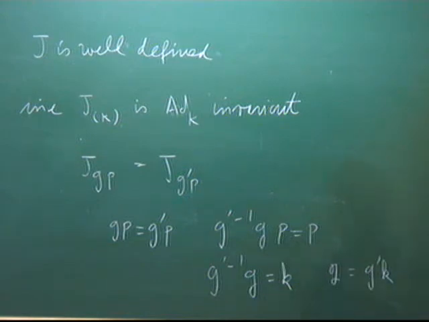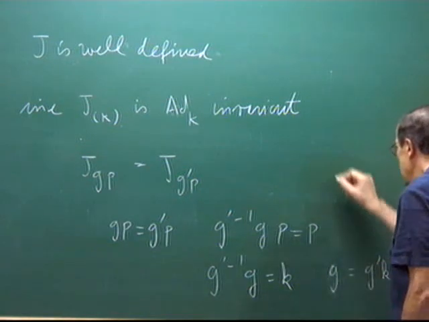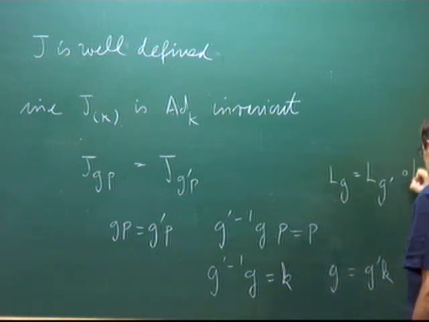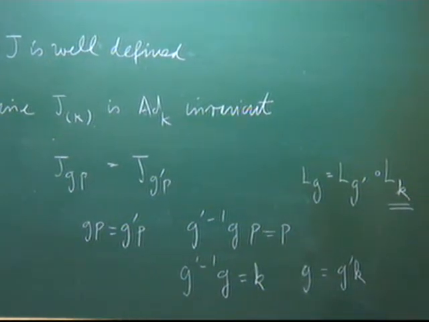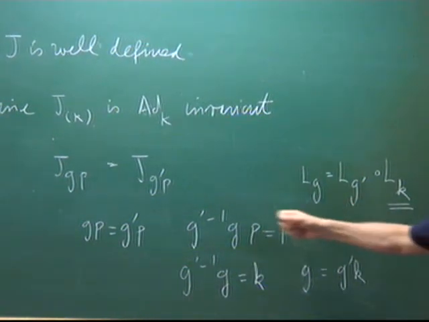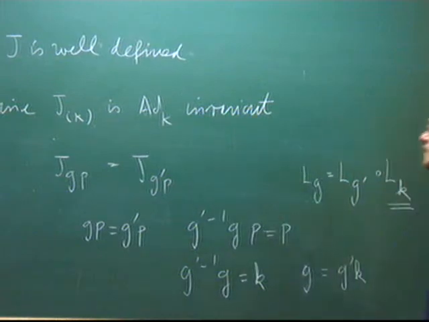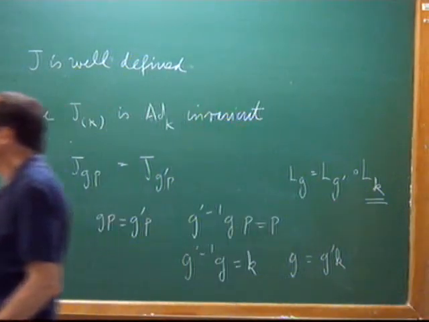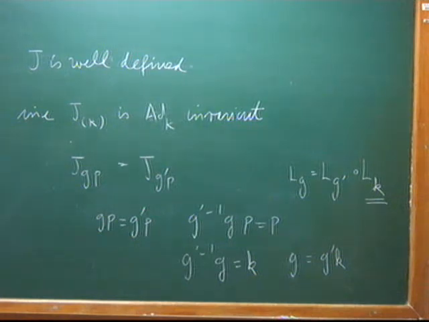So left translation by g is left translation by g prime, composed with left translation by k. And this keeps the complex structure invariant. That means no matter which one I left translate with, I get the same complex structure. This was our usual argument. Okay. So that's the complex structure.